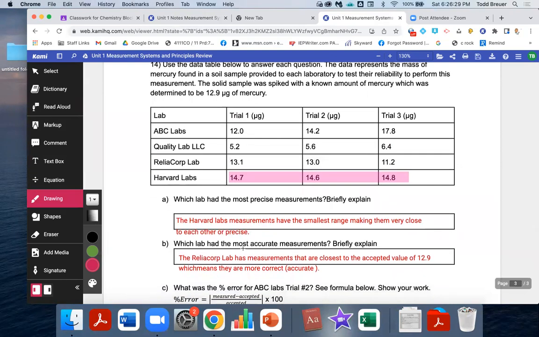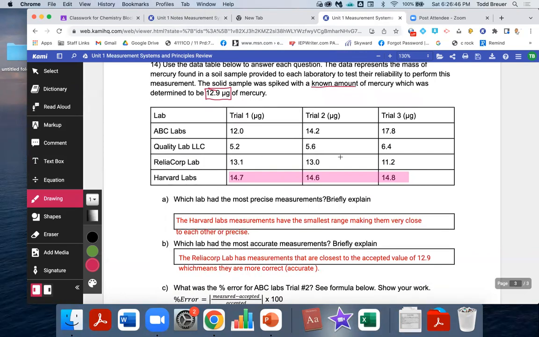However, if we look at question B, who had the most accurate measurements? Well, accurate is more about who was closest to the real amount. The real amount is typically called the accepted value or the true amount. So it says here the known amount, right?